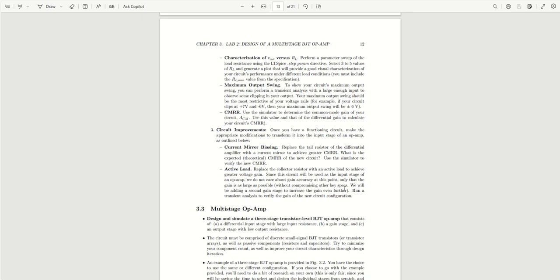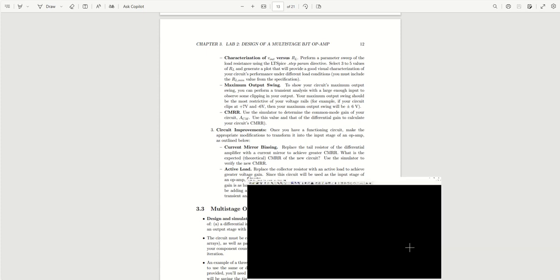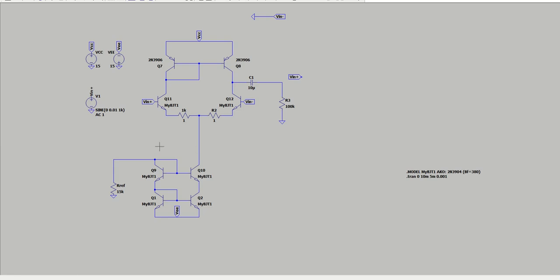To do that, I would recommend referring to chapter 4 in your workbook activities, because chapter 4 goes over all of the current mirror applications, and there's a lot of different current mirrors you can go with, but the one that I'm going to show is the cascode current mirror, and then we're just doing a simple active load.